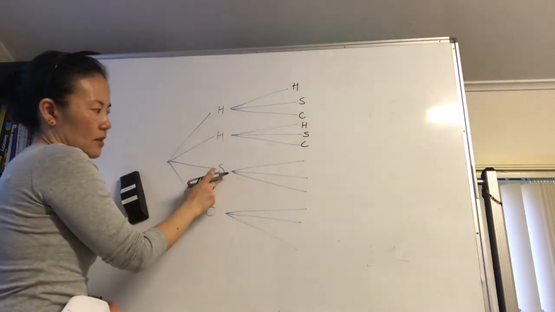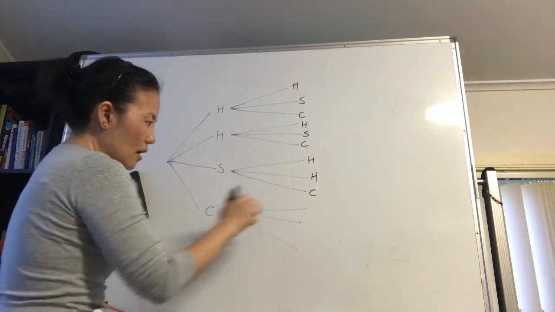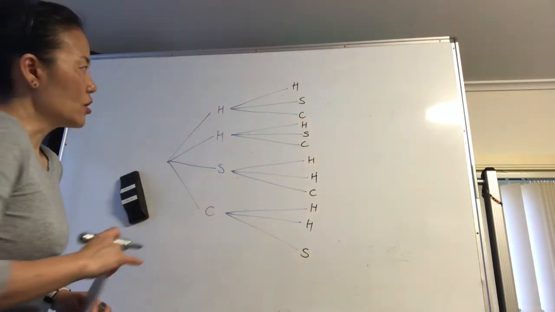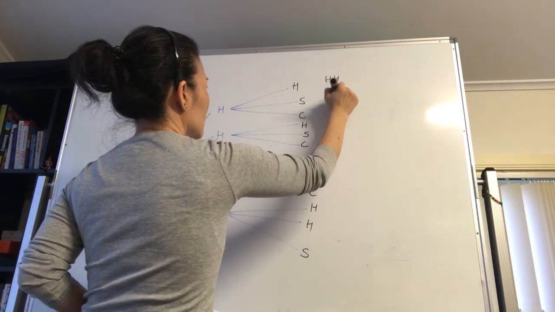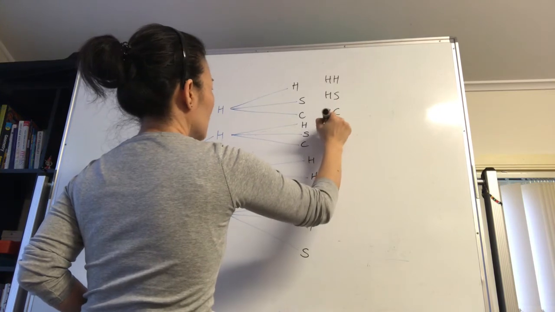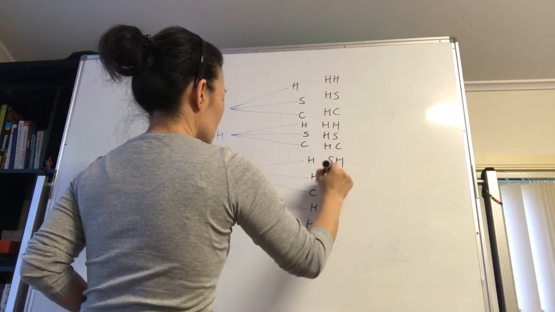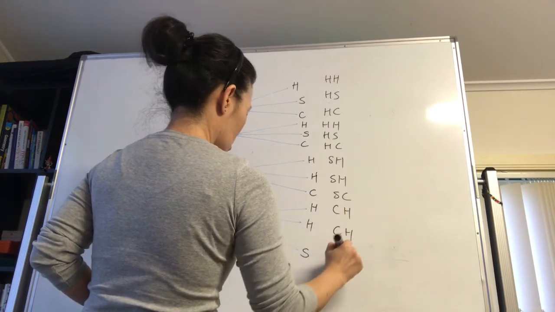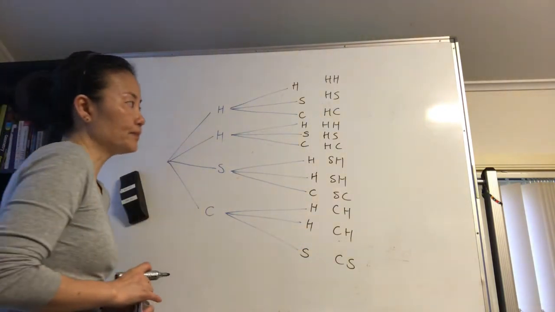Now, if it's a spade, it'll be heart, heart, club. If it's a club, heart, heart, spades. Okay? So I'm going to put the outcomes here. HS, HC, SH, SH, CH, CH, CS. Okay, so that's what's going to happen.